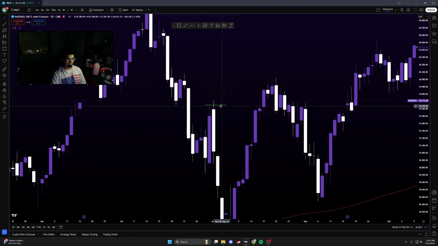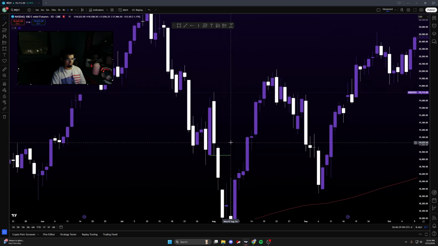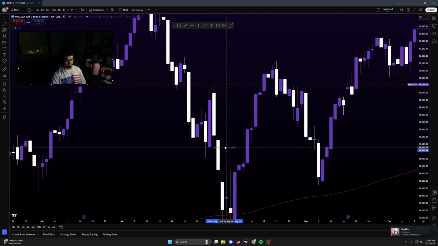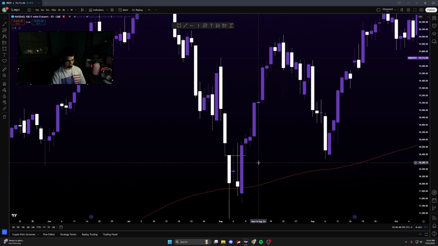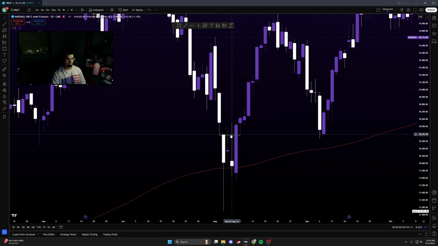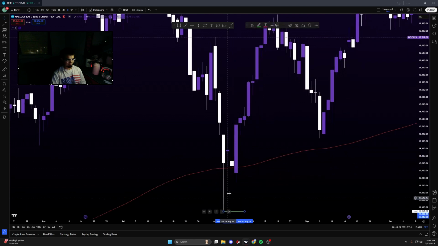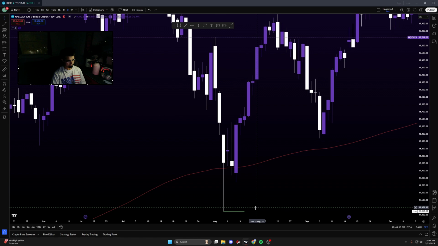We see down here, price closed beneath this low, so that makes us want to have a bearish bias. We see right here, price closes below this low, so that's going to make us want to have a bearish bias. But then we see right here, price clearly does not close below this low, so that's what's going to give us that bullish bias.